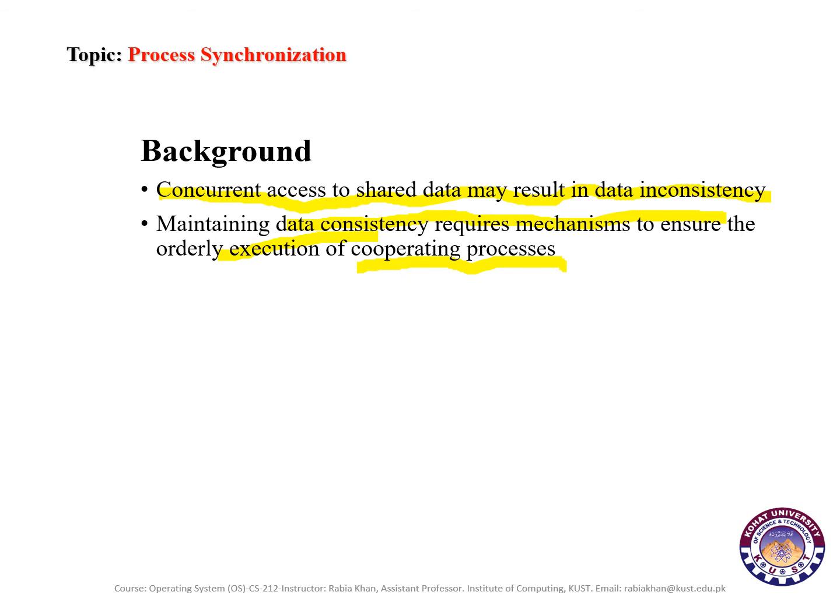But in the case of cooperating processes, processes communicate with one another through inter-process communication, and data consistency can be ensured if the cooperating processes execute one after another, or the execution of the processes is in order.